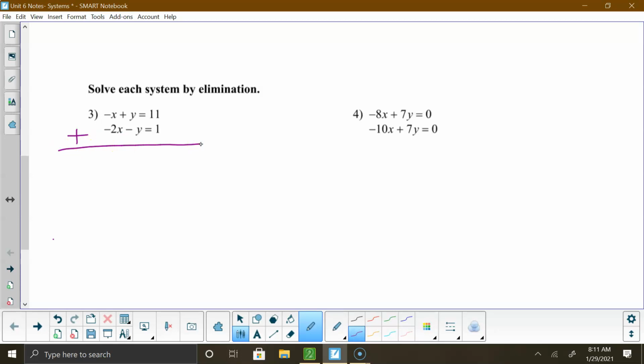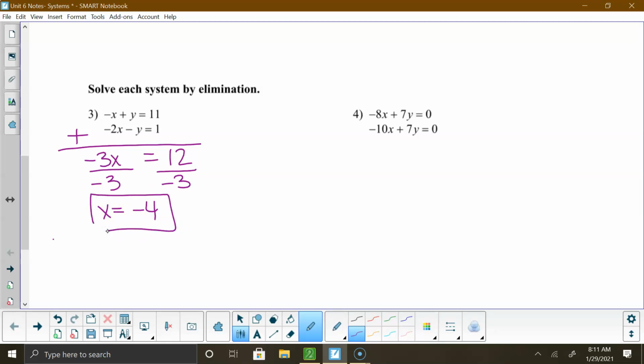So I've got negative x plus a negative 2x, so that's negative 3x. Positive y plus a negative y, those disappear, equals 12. Magic, right? Divide by negative 3. So x equals negative 4. I'm half done.